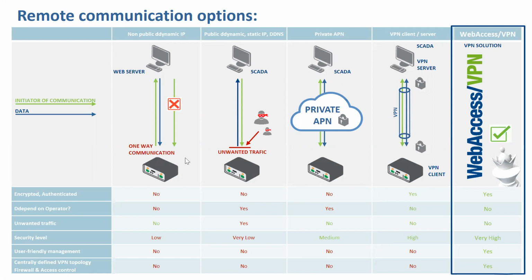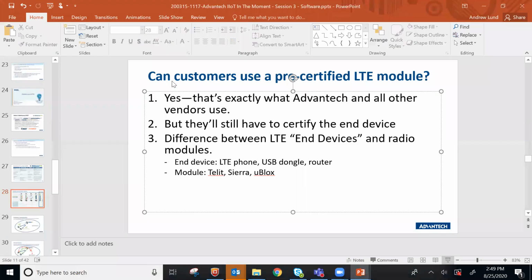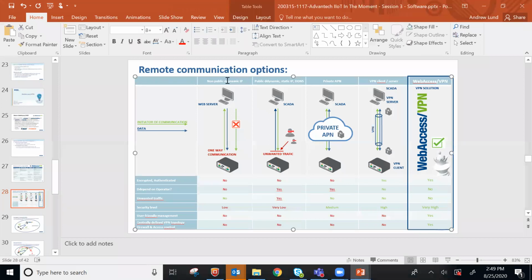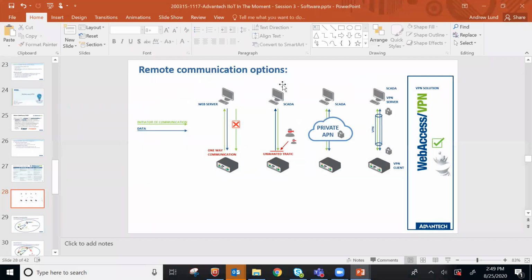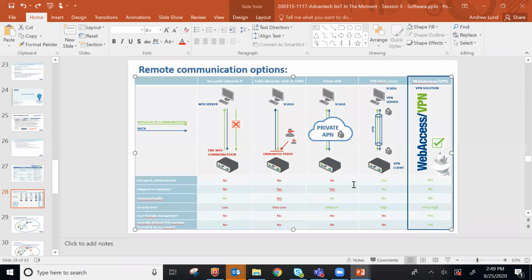So there's a few ways to do that. Going from left to right here, you can have essentially a private but dynamic IP, and I will just fix that typo here while we're at it. Real time. Oops. Anyway, you get the idea.